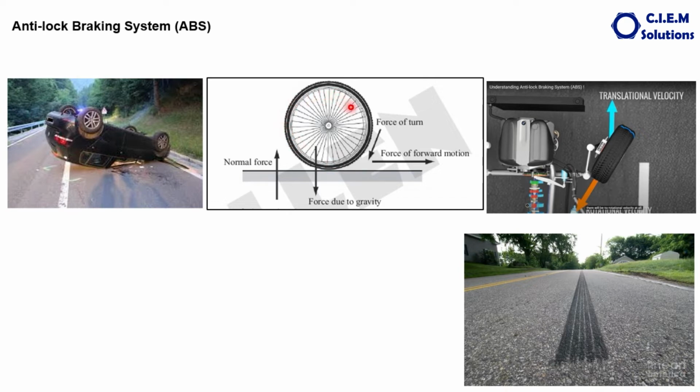The wheel is locked by applying the brakes, which means the rotational velocity becomes zero, whereas due to its own inertia, the vehicle still continues to give the translational velocity. So there will be a huge difference between the rotational velocity and the translational velocity when a sudden brake or emergency brake is applied. During that time, slippage or skidding takes place, which leads to accidents.